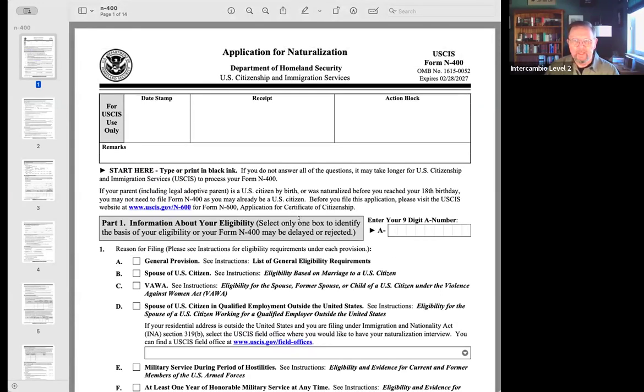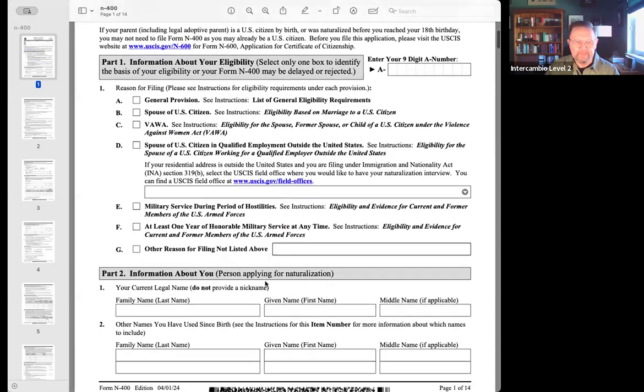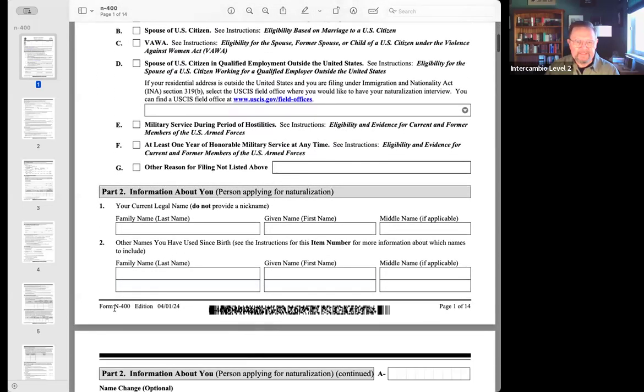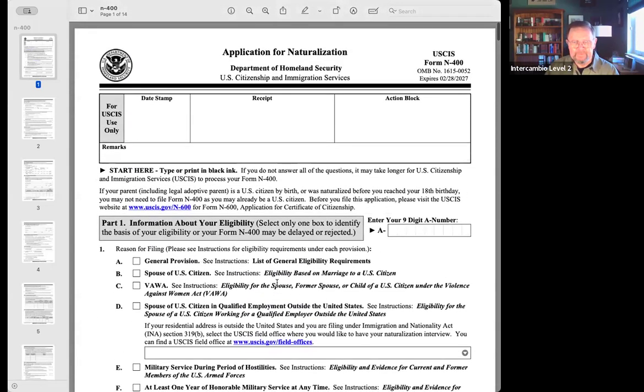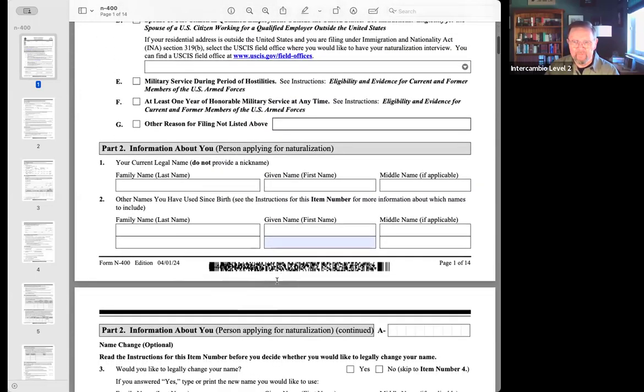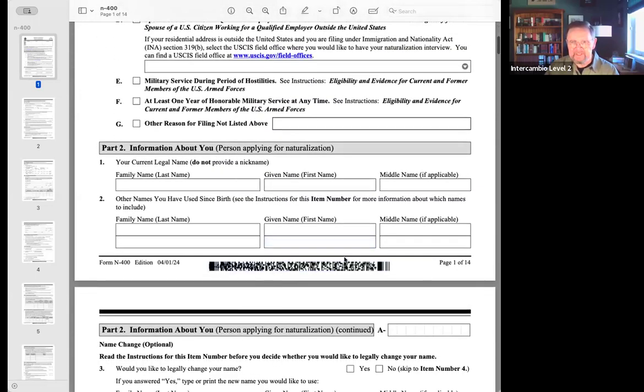If you find a form that doesn't say 04/01/24, it might reference something from 2019, and it says 20 pages, that's the old form. The easiest way to tell if you have the new form or the old form is how many pages it has.